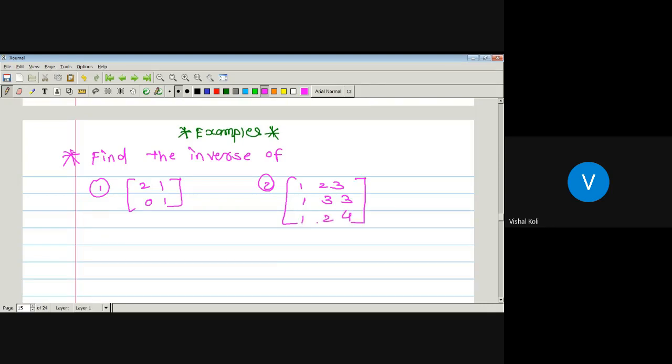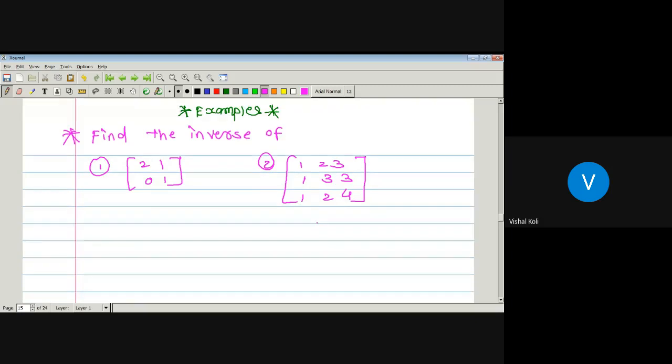Now we have to find out the inverse of these two matrices, and the inverse of a matrix will exist if its determinant is not equal to 0.